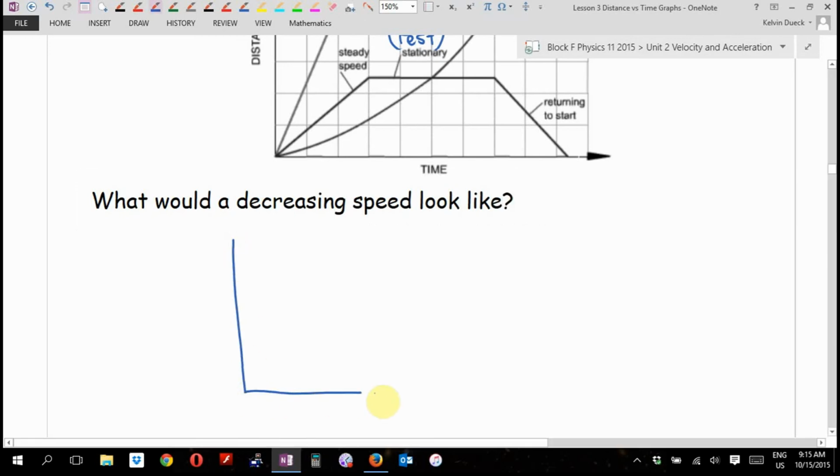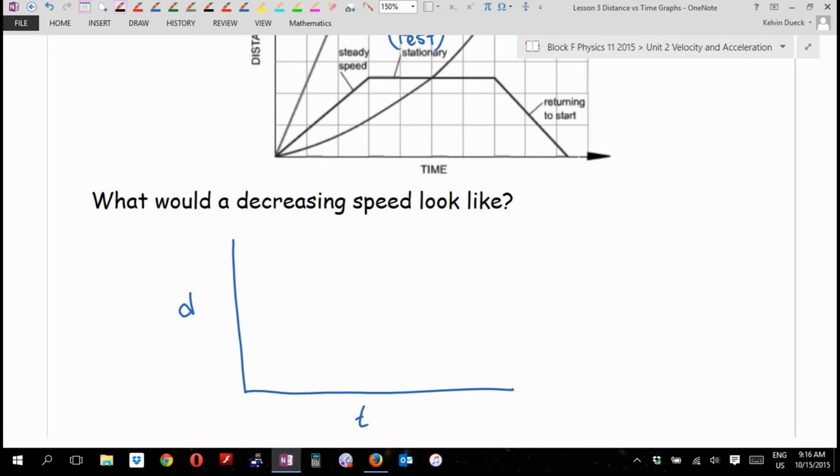You have room there, yeah? What would a decreasing speed look like? What's another synonym on a graph for speed? Also begins with letter S. Slope. What would a decrease?